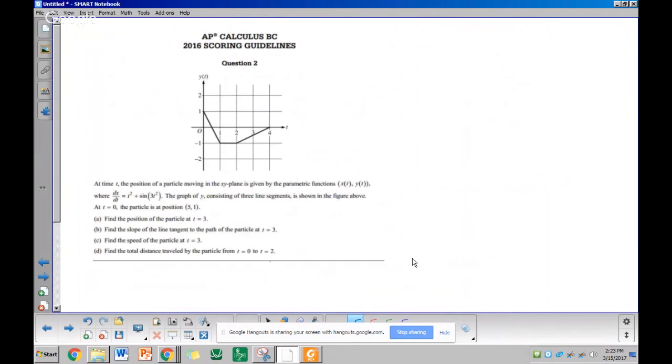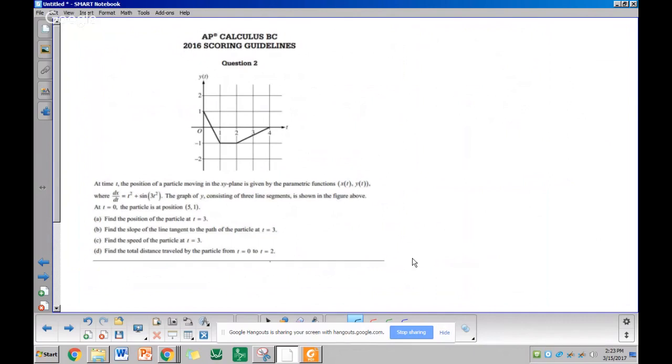The graph of dy/dt, consisting of 3 line segments, is shown in the figure. So they're giving you dx/dt, and they're giving you dy/dt graphically. It says at t equals 0, the position is (5, 1).